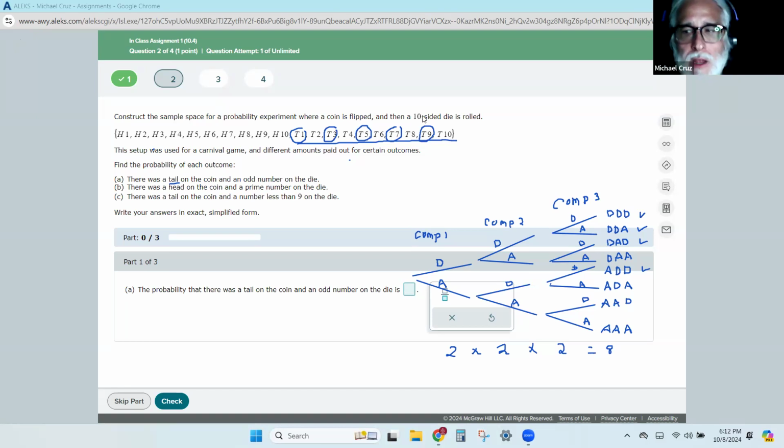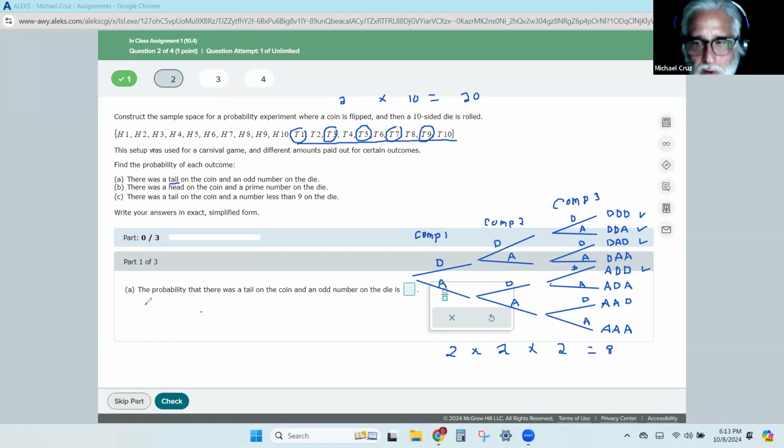Now, how many total do we have? You see that 10 up there, but remember, it's double because of the 2 times the 10 gives us 20 outcomes. And that's what we had here. We had 10 with the head and 10 with the tail. So what we're going to have here, oh, I'm going to do it down here. Got more room.